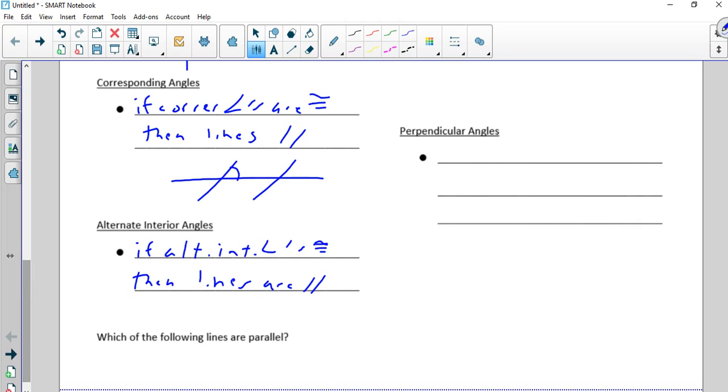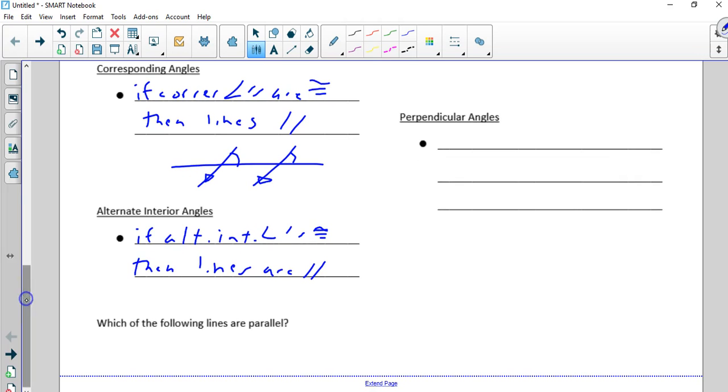So, if we know the corresponding are congruent, then we know these two lines are parallel. Down here, if we know that alternate exterior angles are congruent, then we know these two lines are parallel.